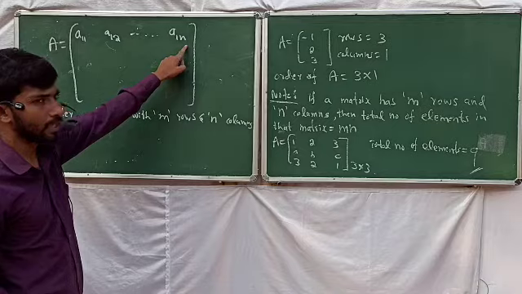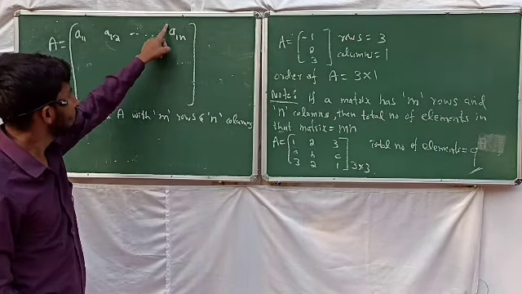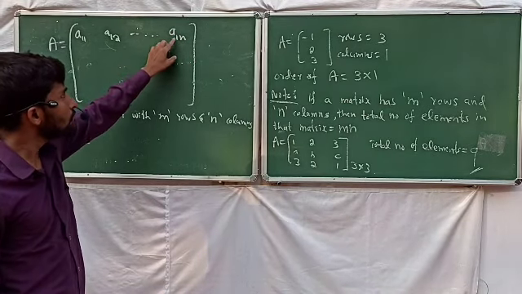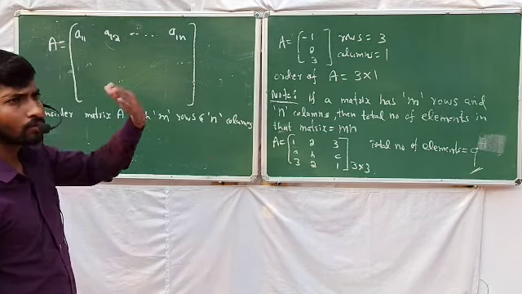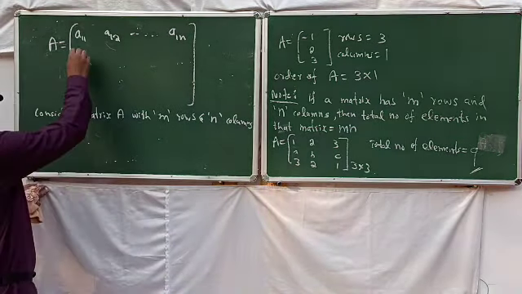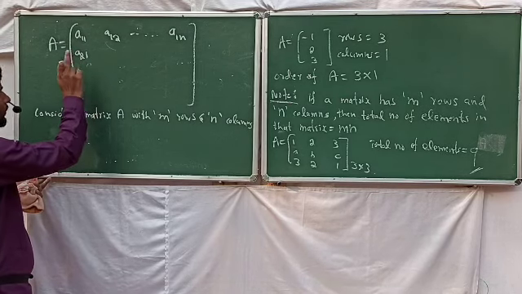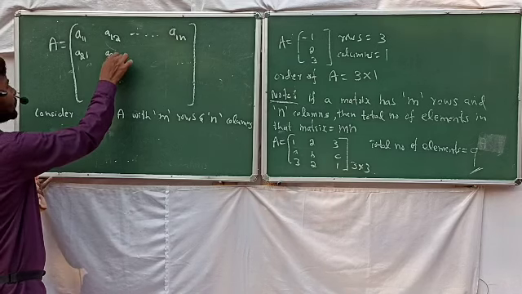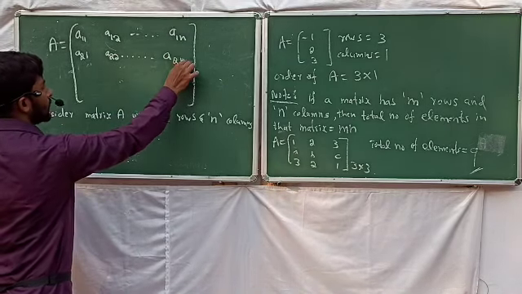Similarly, a1n means that element present in the first row and nth column of the given matrix. Similarly, go to the second row. Second row will start with a21. a21 means second row but first column. a22, dash dash, a2n.